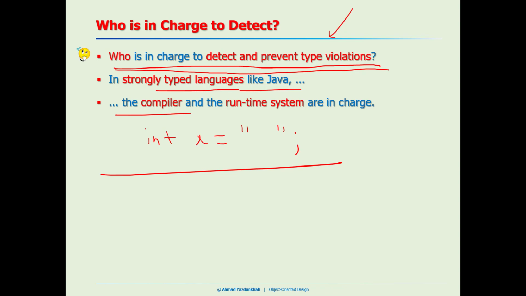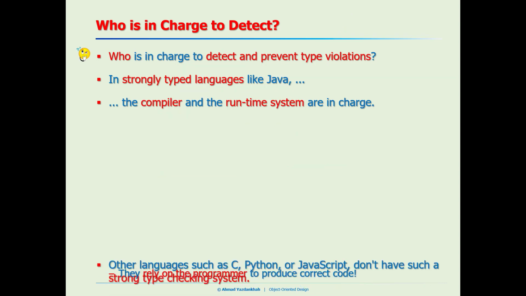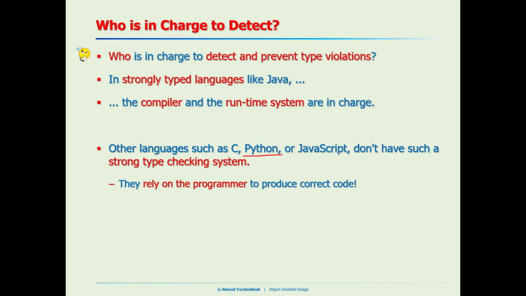But you know what? In other languages like C, Python, JavaScript, they are not typed languages. At least they are not strongly typed languages. They just rely on the skill of the programmer not to make a mistake, which is a wrong assumption.